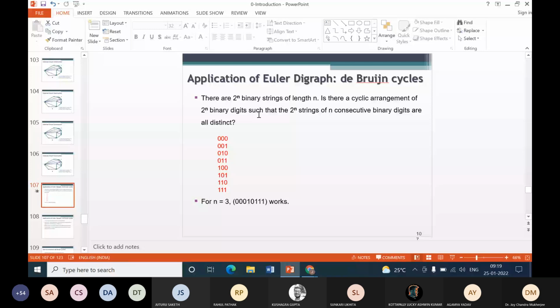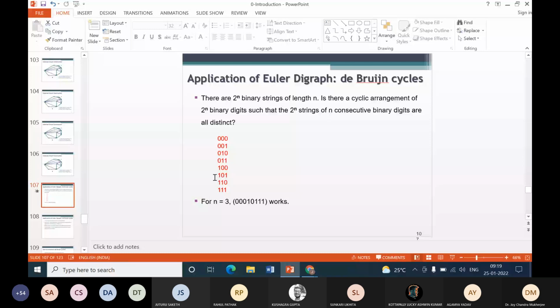So what does that mean? Suppose somebody asks you, you are given n and you have to store 2 to the n values. What is the memory required to store all these values? For each string you have n digits and we have 2 to the n such combinations, so n into 2 to the n is the total space complexity.